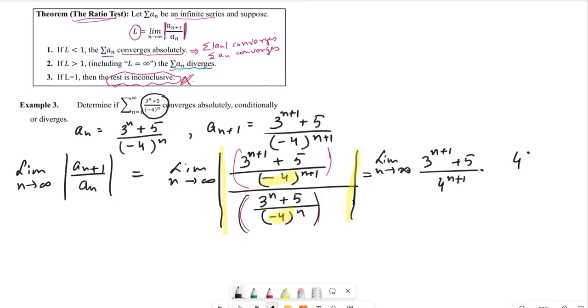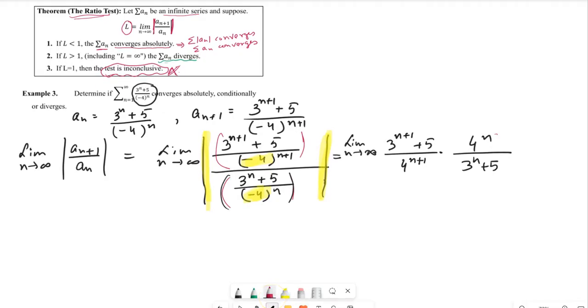So that would be 4^n divided by (3^n + 5). You guys notice that I did not write negative signs with 4 because the absolute value takes care of the negative sign, so that becomes positive. I don't have to write that. Here, n factors of 4 will cancel with n factors of 4. Only one 4 will be left.